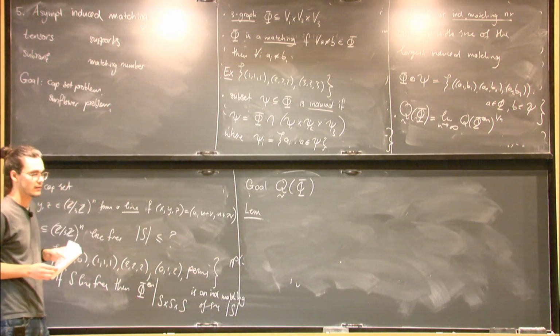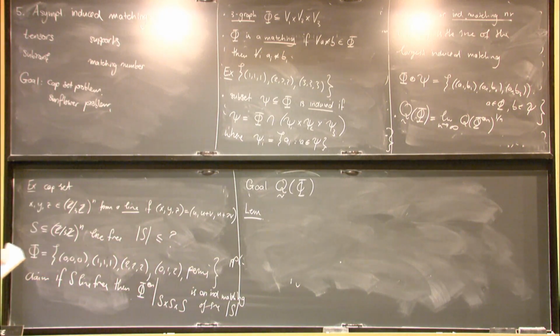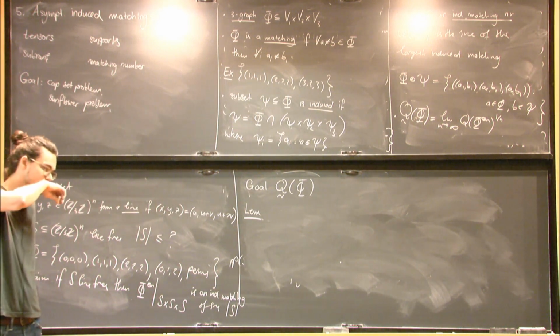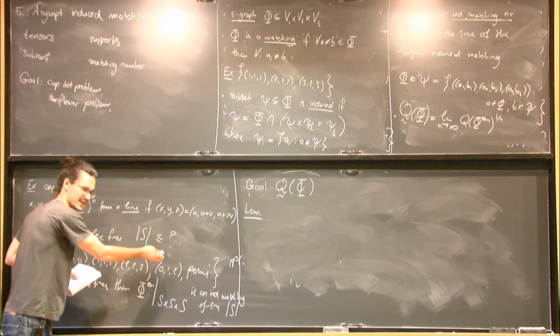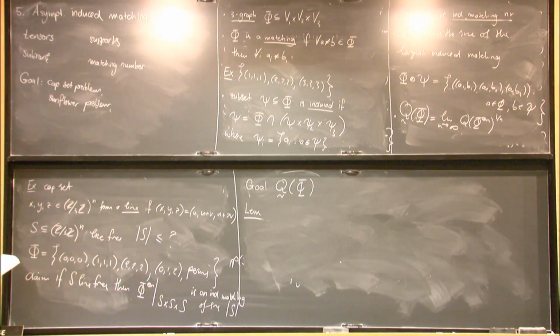You want to say that these triples in phi are like the one-dimensional lines? Say it again? I mean, at least 0, 1, 2 and the permutations are like lines, which you want to avoid. That's right. 0, 1, 2 is like a line, but a line in dimension 1, in one coordinate.